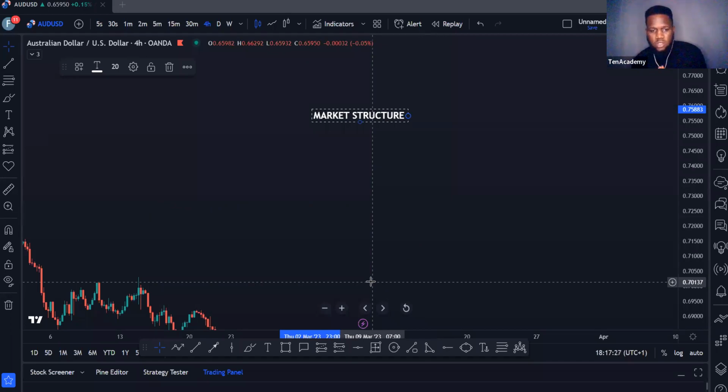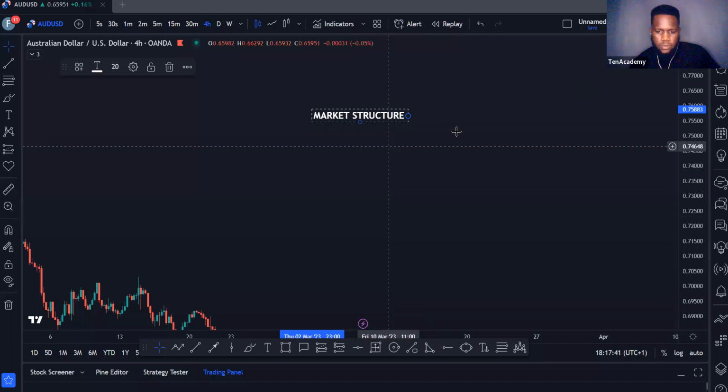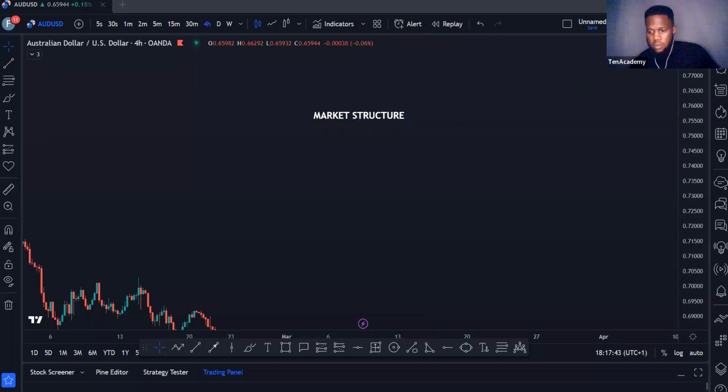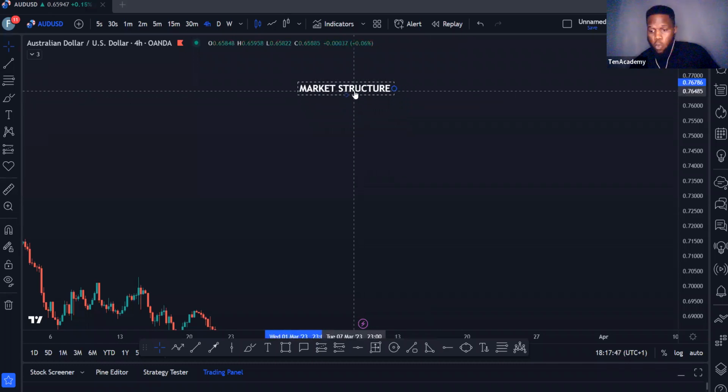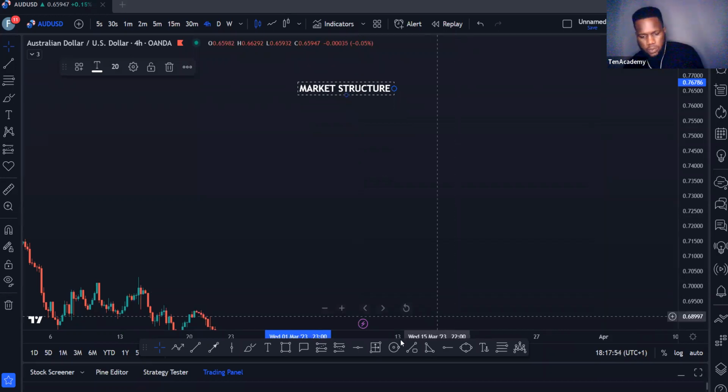This is not one of those classes where you participate and do not jot down something. Ensure that you are jotting down these things because it's going to be very useful for you in your trading journey. So now let us start from the very basics. I'll start from what we know about market structure, and then I'll move on to what we might not know about market structure.